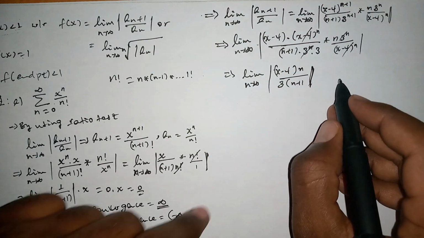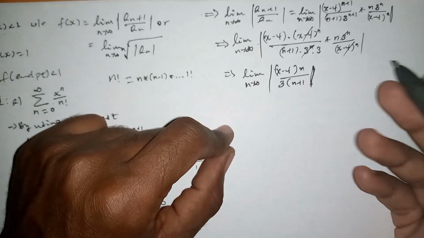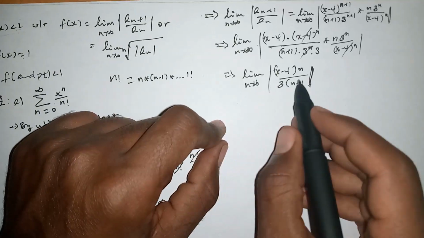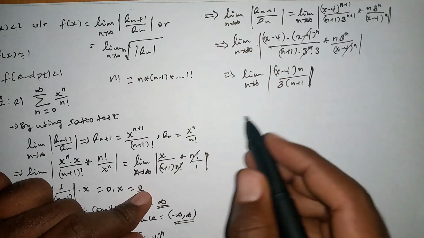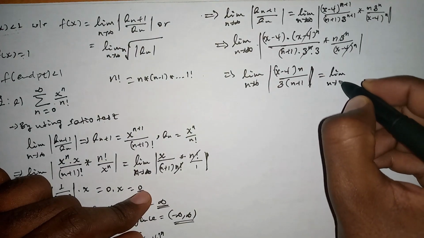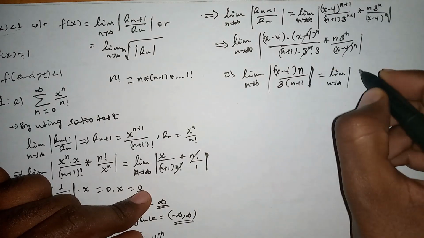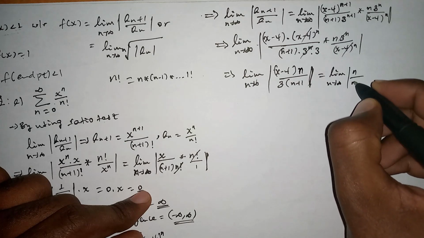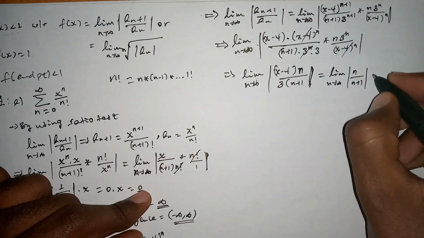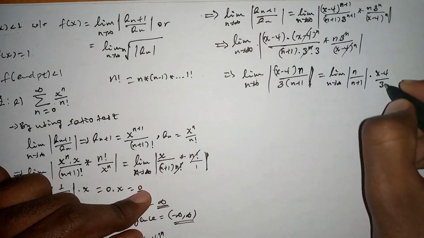In this part, (x minus 4) over 3 is independent of n, because our limit depends on the value of n. So this equals the limit of the absolute value of n over n plus 1 times (x minus 4) over 3.